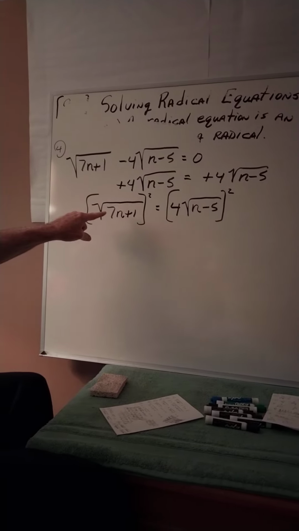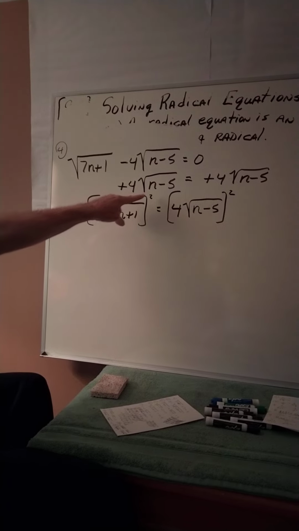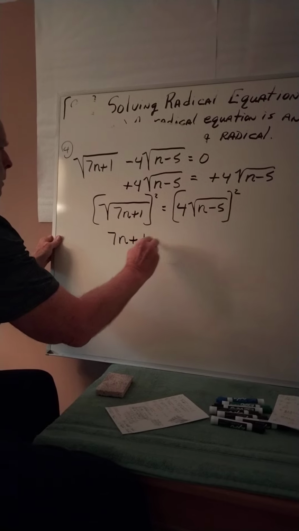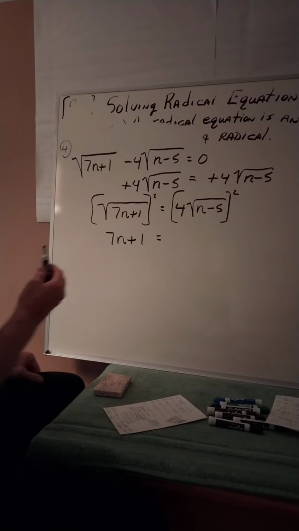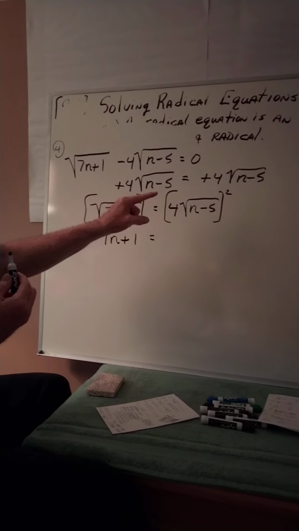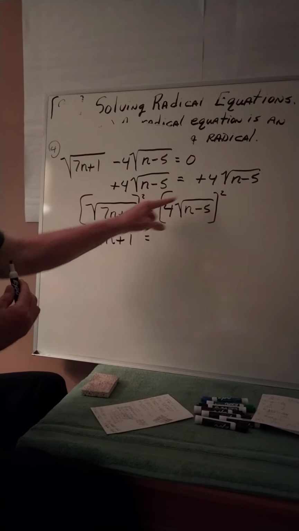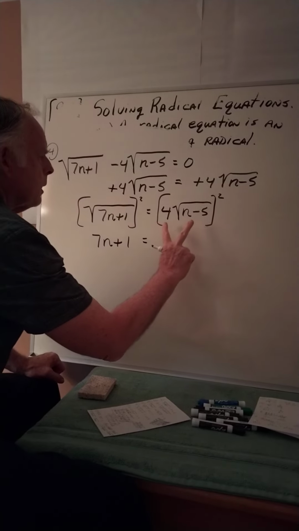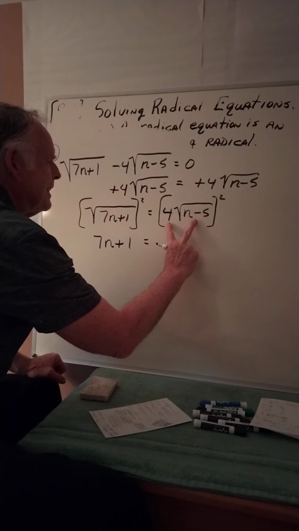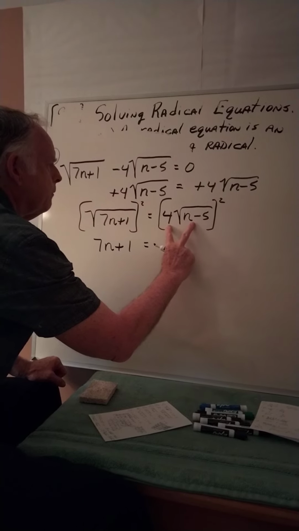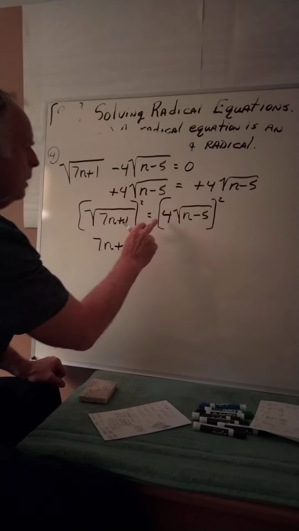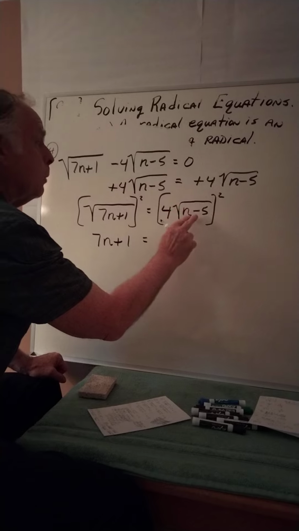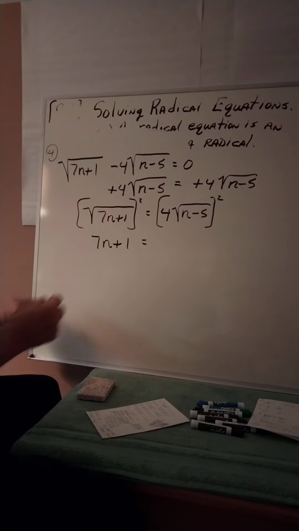The left, I'm not bothered about at all, because when you square that radical, you get the radicand. But folks, pay careful attention, and remember you can pause at this little part. When you square the right-hand side, there are two factors that have to be taken to the second power. The 4 has to be squared, and then we have to square the radical of n minus 5.